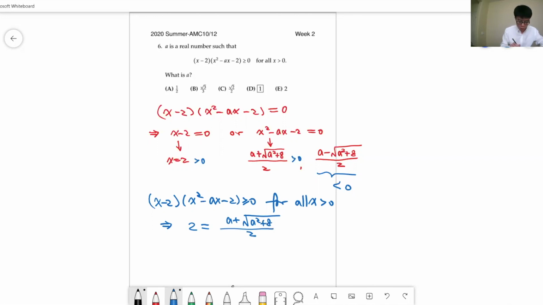Or 2 is a root to the quadratic equation. So we can plug in 2 and find the value of a. So 2 squared minus 2a minus 2 equals 0. This solves the value of a. a is equal to 1.